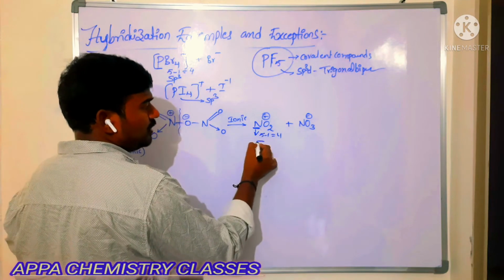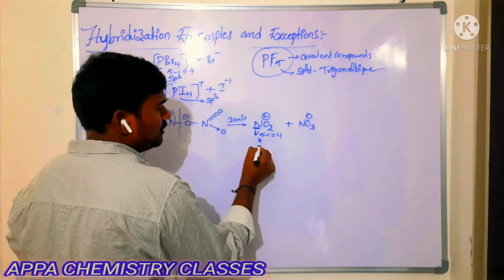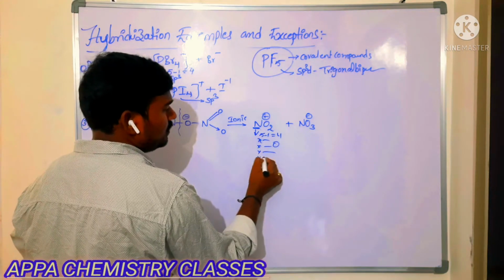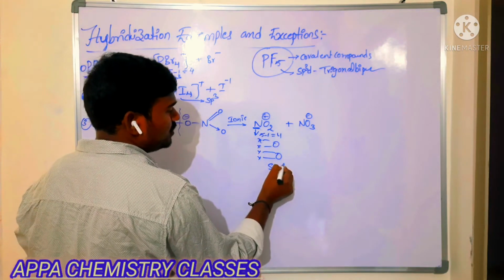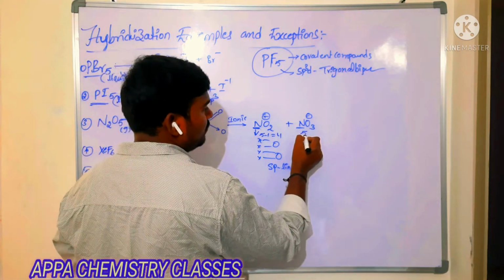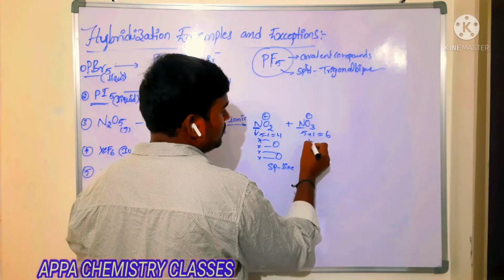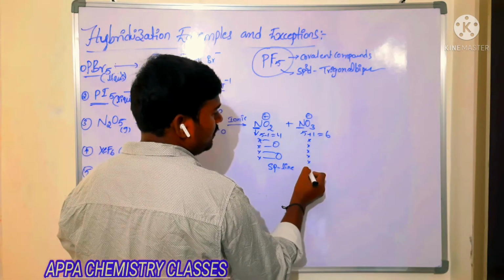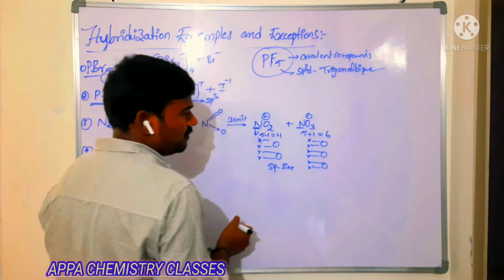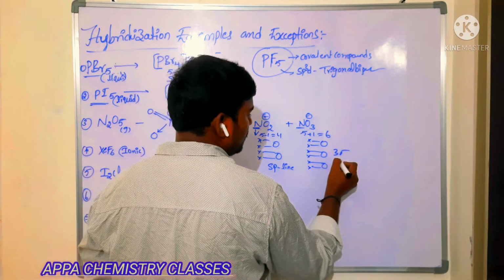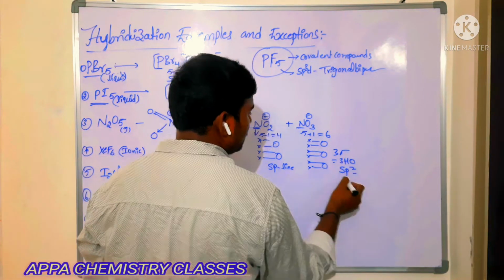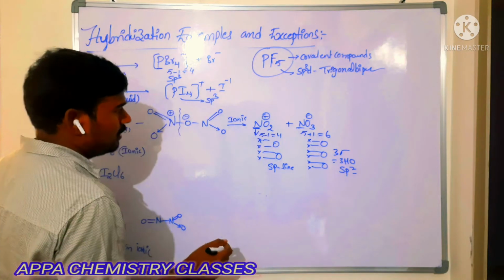So 2 hybrid orbitals, sp hybridization, so linear shape. Now in NO3 minus, what happens? That is 5 plus 1, that is 6. So 6 dots, each oxygen has 2 lone pairs, so 3 sigma bonds, so 3 hybrid orbitals, so sp2 hybridization, trigonal planar.